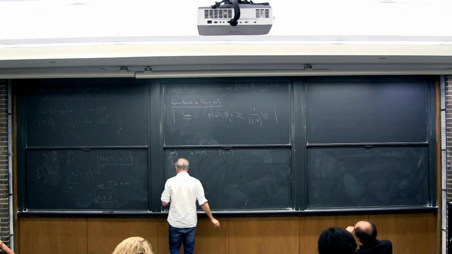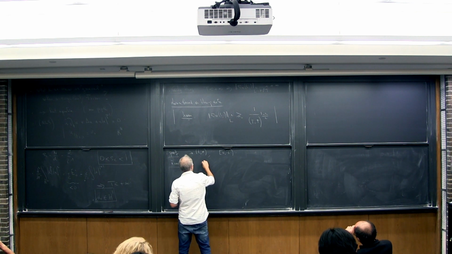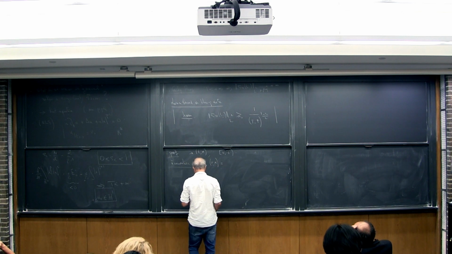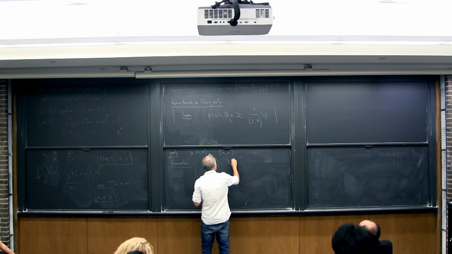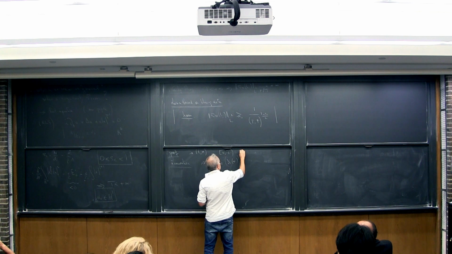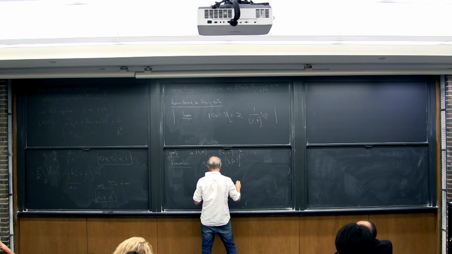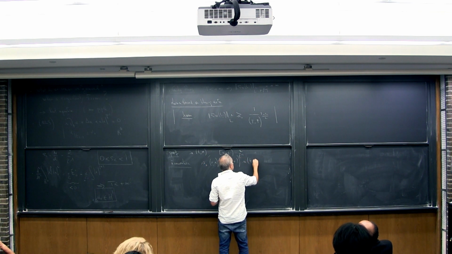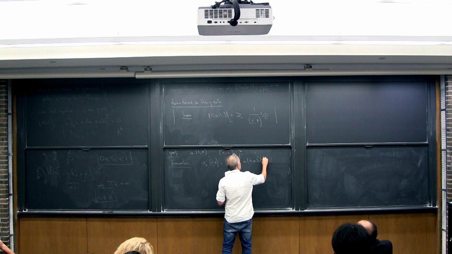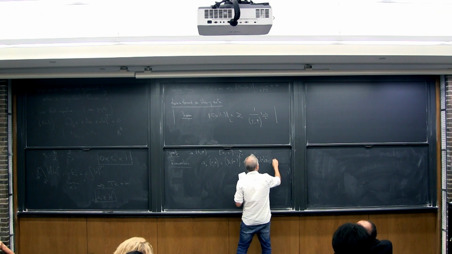You define v_t, where t is a parameter, of tau and x, as lambda over tau to the 2 over p minus 1, u of t plus lambda squared t tau, lambda t x.